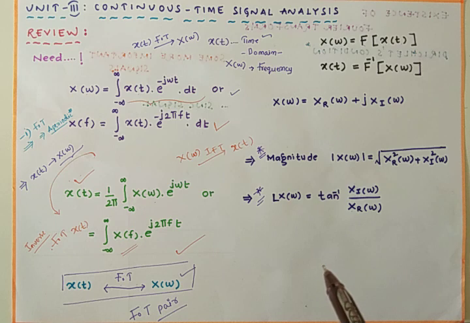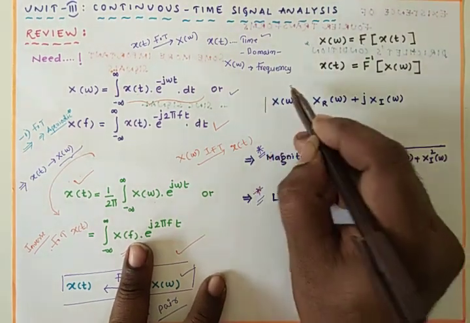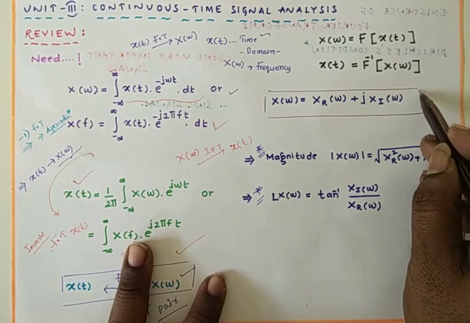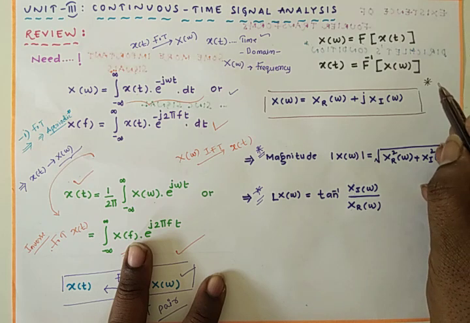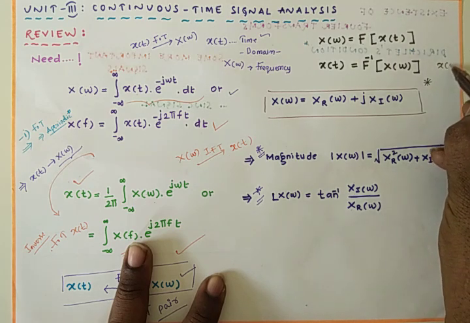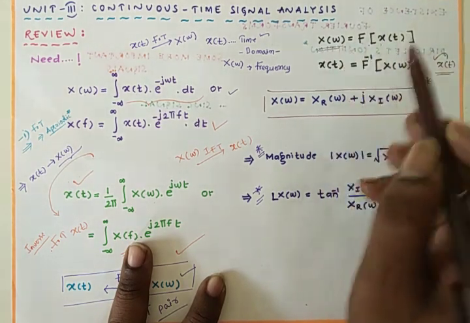Now the general x of omega is a complex valued function of omega, and we can have that complex value of x of omega. This is the form of the Fourier transform we can achieve for x of t. We have x of t, a time domain signal, on which we applied the Fourier transform, so that we got x of omega.